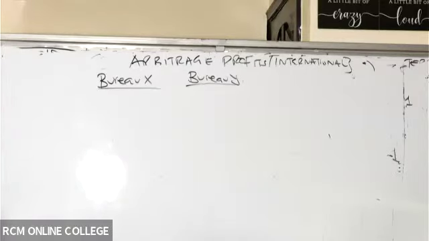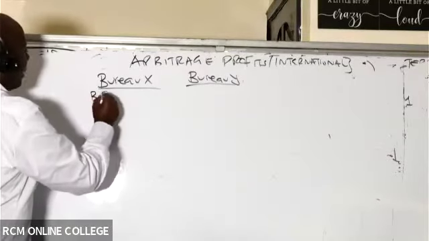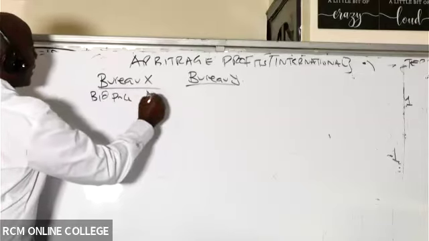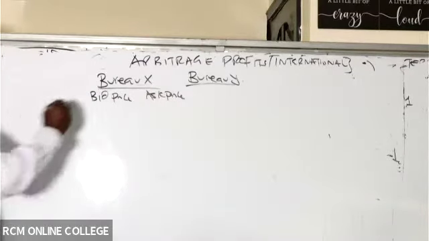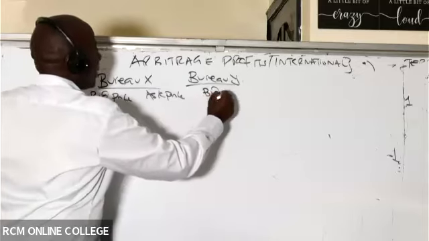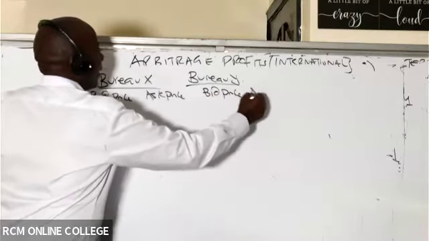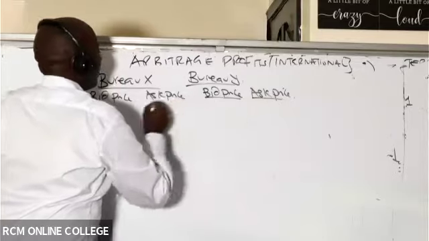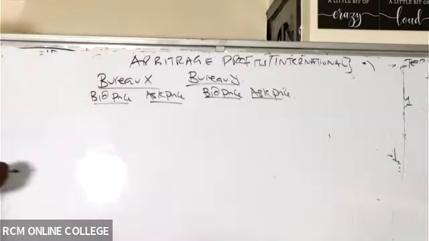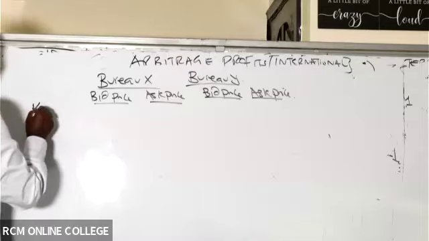So Bureau X and Bureau Y. We have the bid price and the ask price, and the other bureau is the same: bid price and ask price. So what do we have here? Kenya shillings per Uganda shilling.